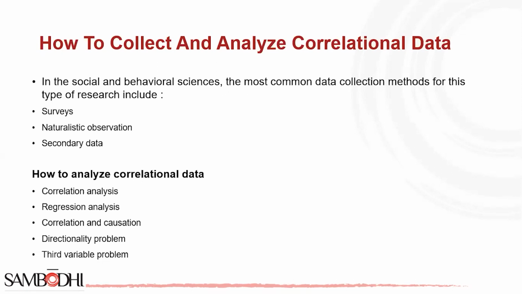Last is the third variable problem. A confounding variable is a third variable that influences other variables to make them seem causally related, even though they are not. Instead, they are separate causal links between the confounder and each variable.